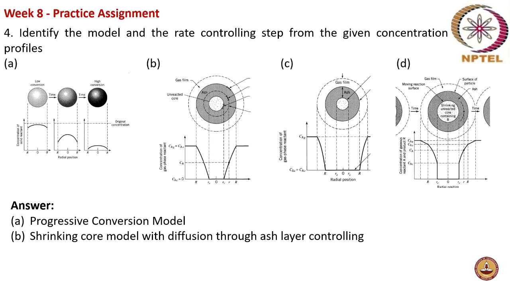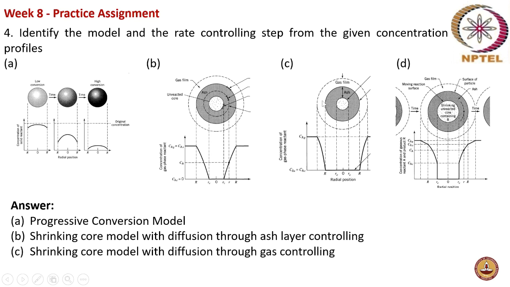Okay, whereas in the next case you could see there is a concentration fall in the gas film, and as soon as it touches this point the concentration falls to 0. That means the reaction takes place spontaneously. So in the gas film there is a concentration drop. That means diffusion through the gas film is controlling the reaction.